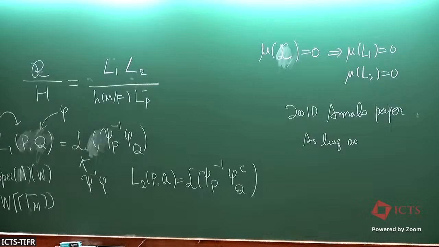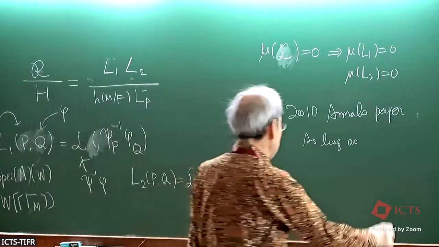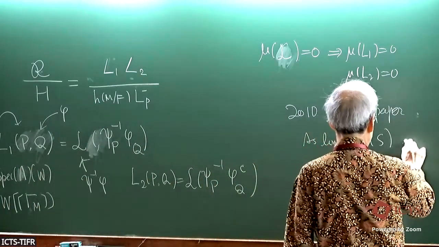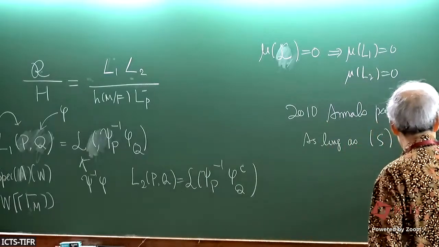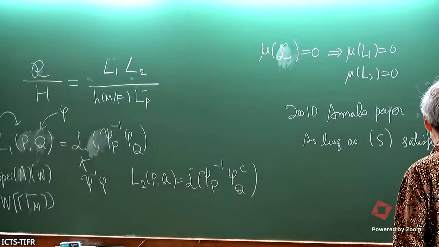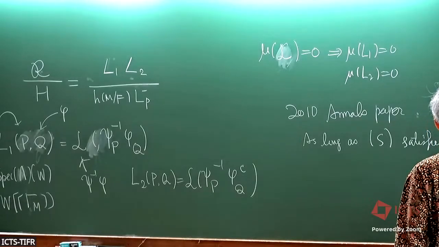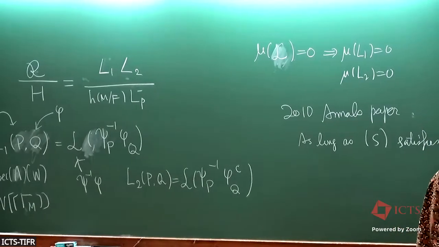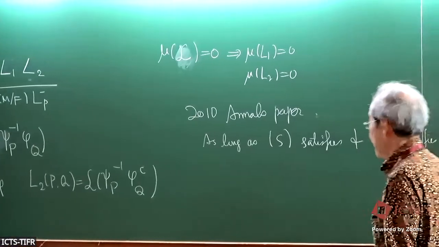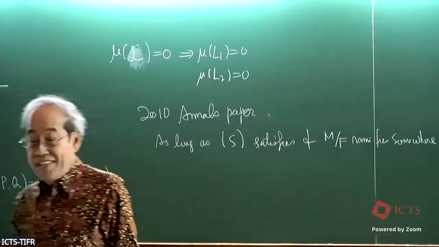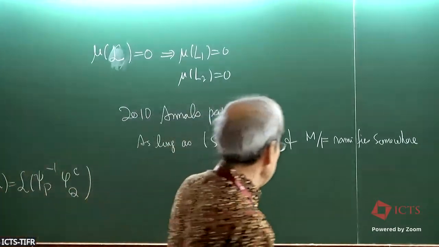As long as S is satisfied and M over F ramifies somewhere in finite places, then mu vanishes.